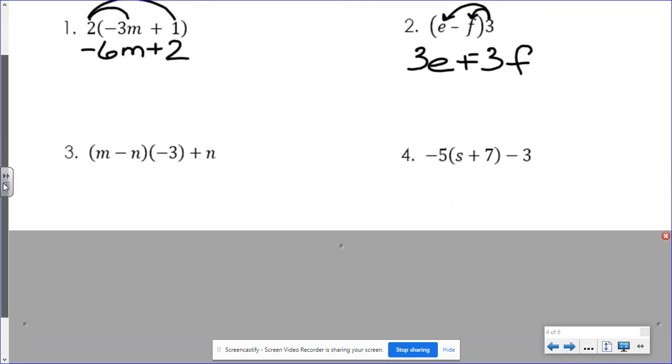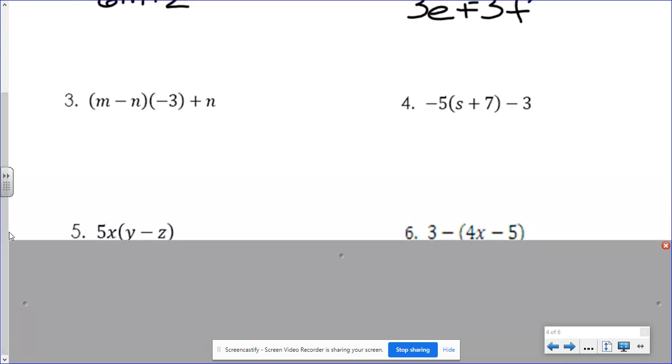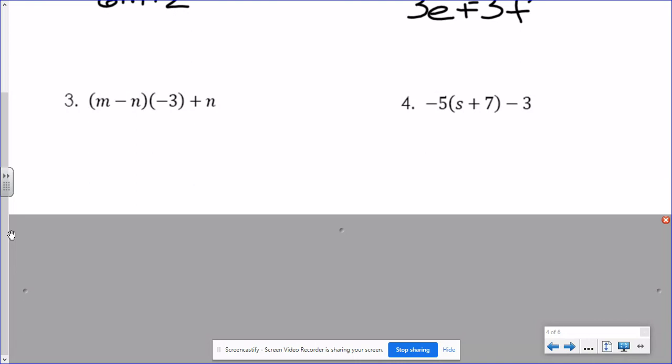Here are my next couple of problems. So again, some distribution and some things to combine like terms. So here in number 3, the negative 3 is distributing, and again, kind of tricky. So I'm going to put a 1 in front of this m, I'm going to put a 1 in front of that n, and I'm going to do a keep, change, change. So negative 3 times m is going to be negative 3m.